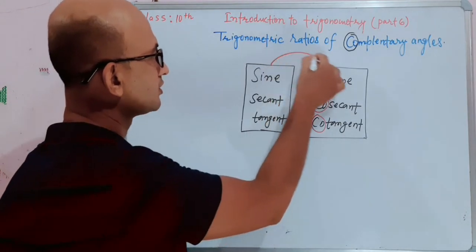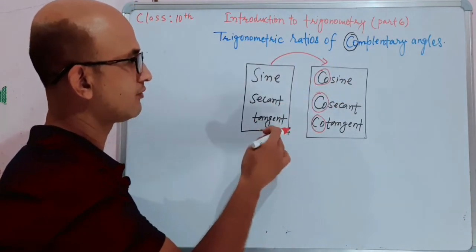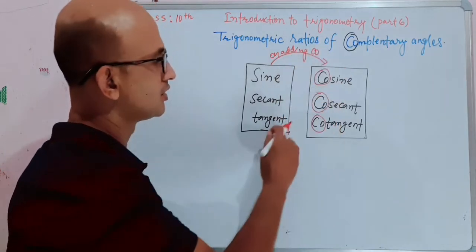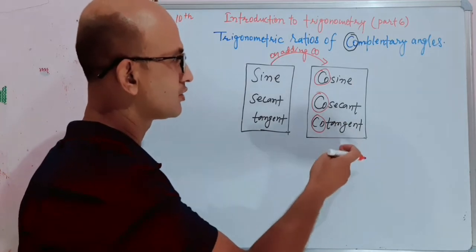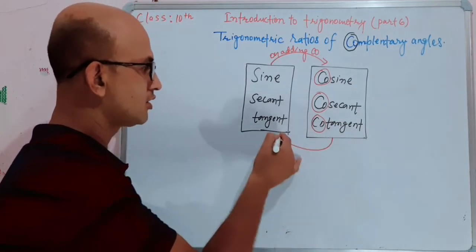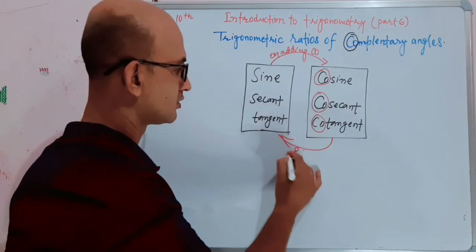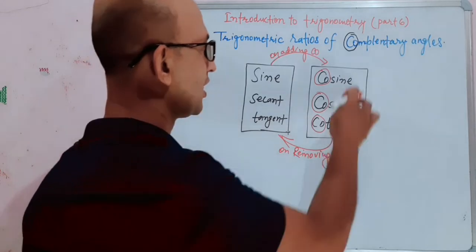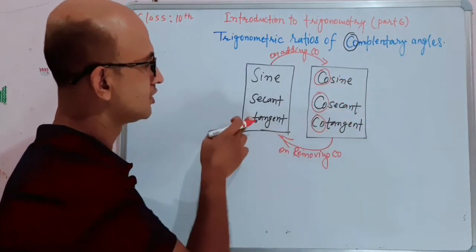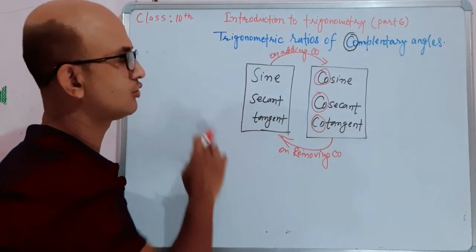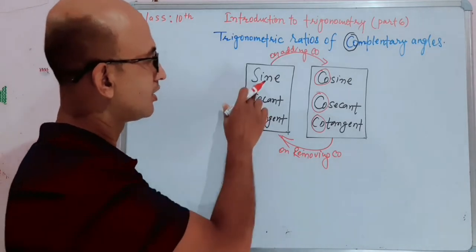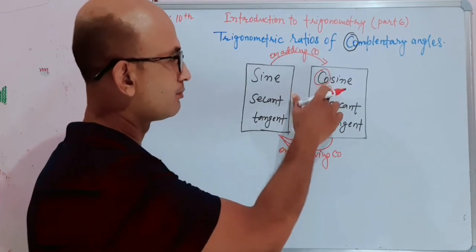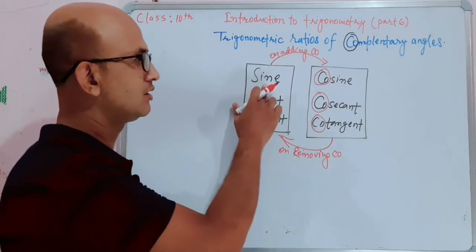Now we find that on adding co with these trigonometric ratios having name without co, we get trigonometric ratios having name with co, and on removing co from these trigonometric ratios having name with co, we get trigonometric ratios having name without co. In this way, we find that complementary of sine is cosine by adding co with it, and complementary of cosine is sine by removing co from it.